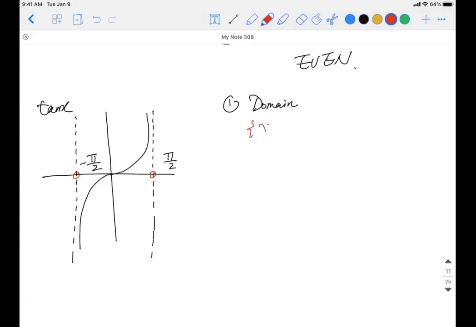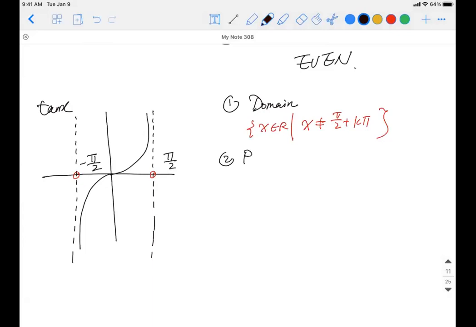So x belongs to R. However, x does not equal pi over 2 plus k pi, where k is an integer. As long as you have any such value, it cannot be part of the domain of tangent x, which is quite understandable.